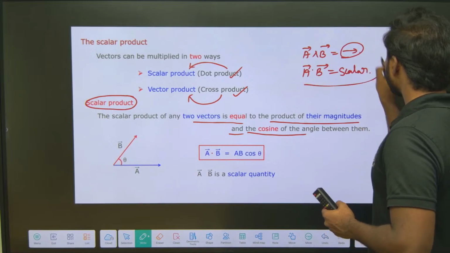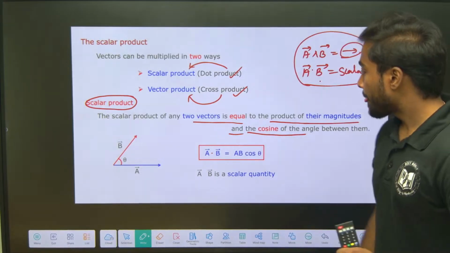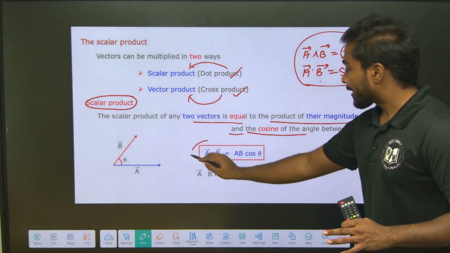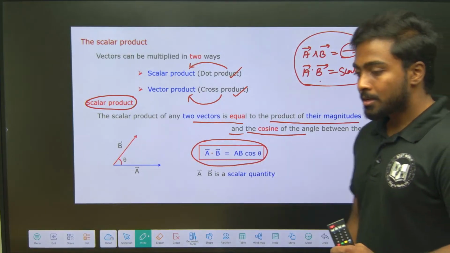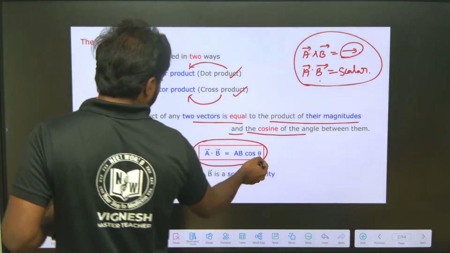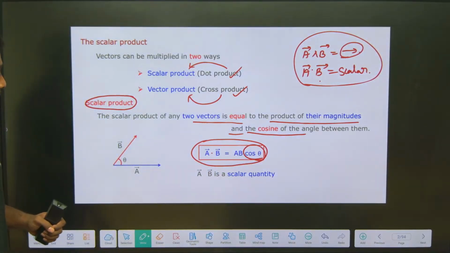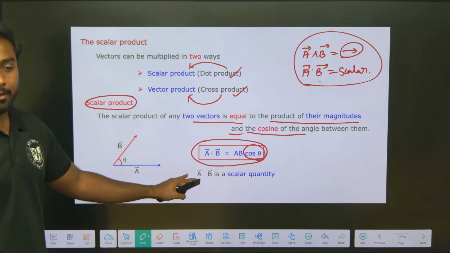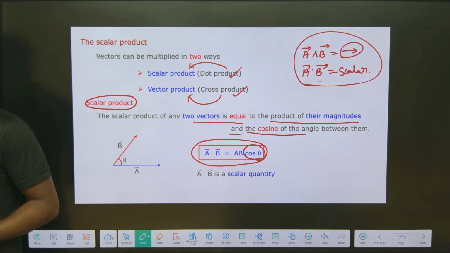So this is the condition we should know when doing a dot product or scalar product: a dot b equals ab cos theta, which depends upon cos theta, yes? So this is the formula for the scalar product. You can take a note of this and we'll go for the next one.